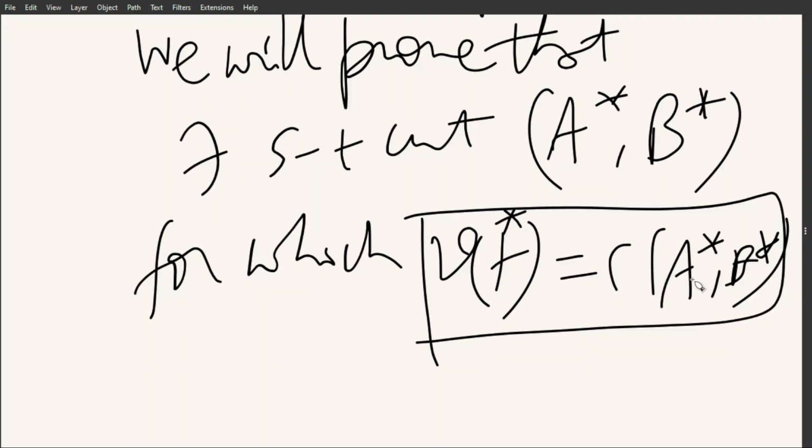Now how do we define the cut? The definition of the cut is very simple.